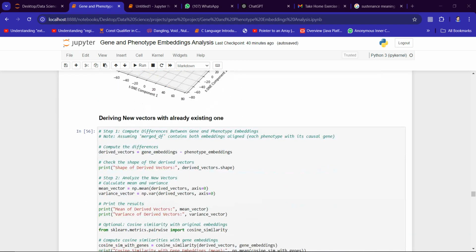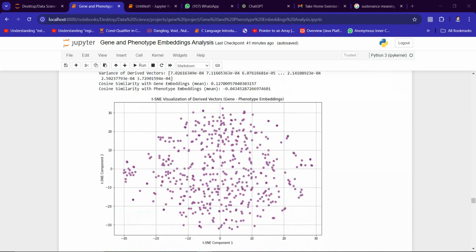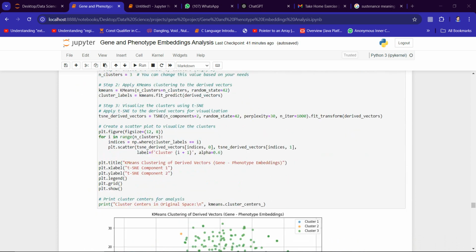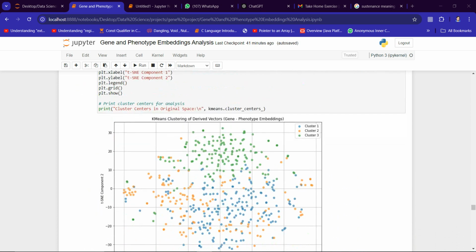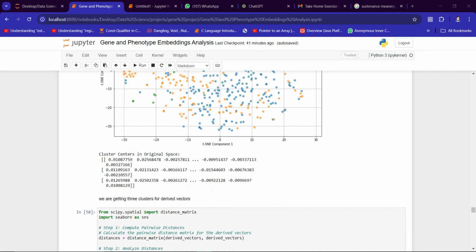Next, deriving new vectors from already existing vectors and plotting them, I made a derived vectors visualization which shows three different clusters, which we don't want. We want two clusters only, but it is showing three clusters. So there is no need to derive new vectors. That is an insight from this. All vectors are playing good.